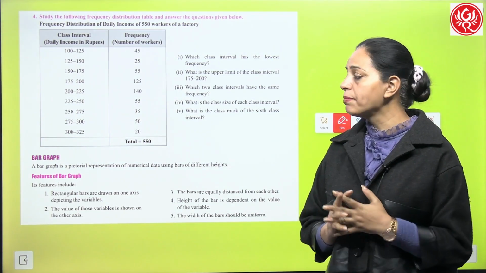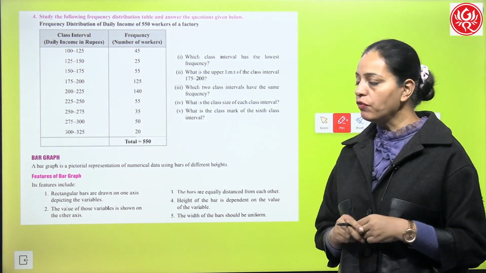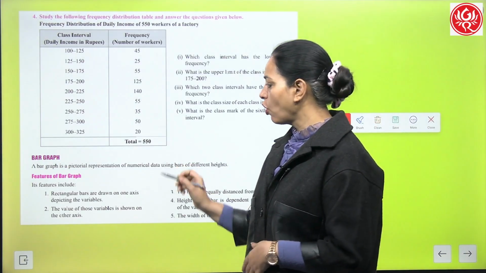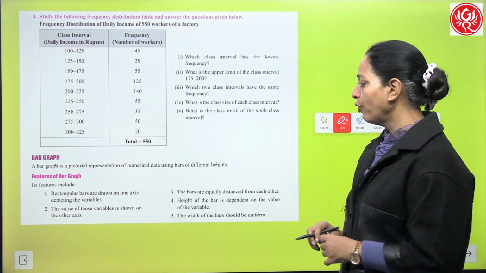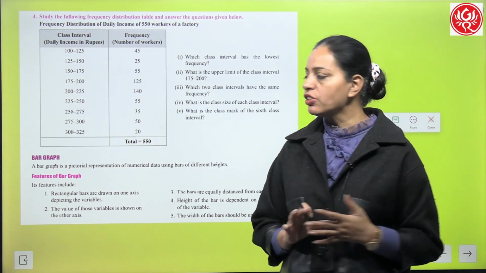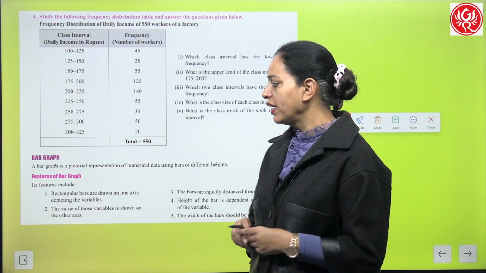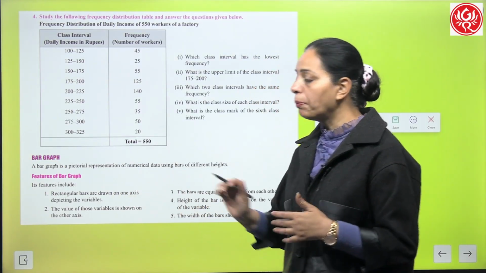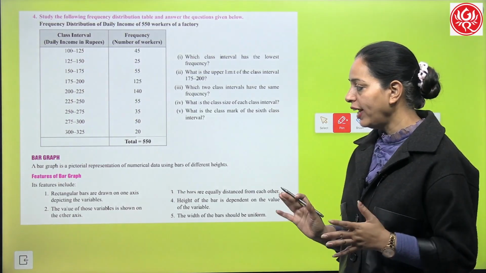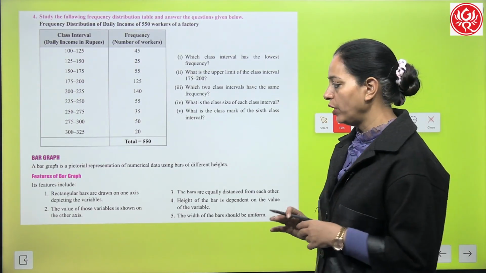Now come to next, bar graph. A bar graph is a pictorial representation of numerical data using bars of different heights. Features of bar graph. Its features include the first one, rectangular bars are drawn on one axis depicting the variables.